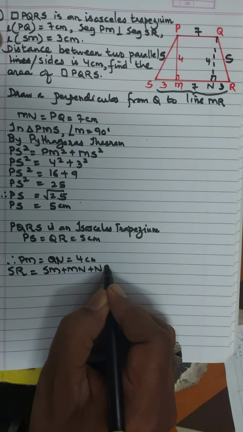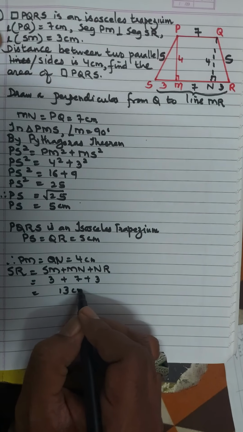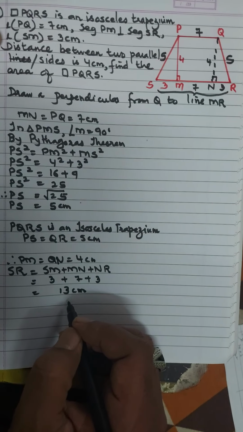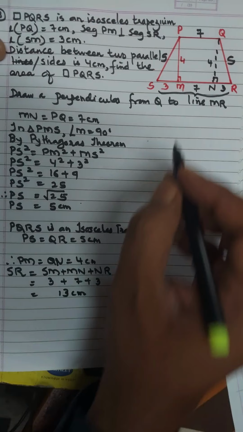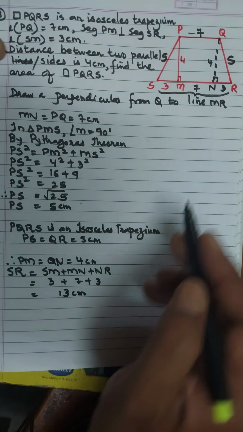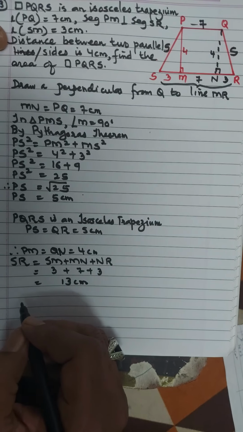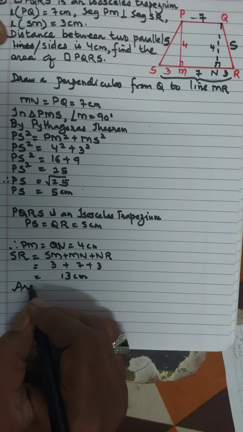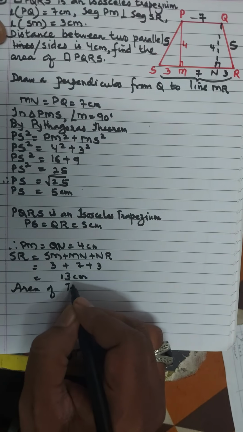So this is 5, this is 5, this is 4, this is 4, this is 3, and this is also 3. So 7 plus 3 is 10 and 10 plus 3 is 13. So this is 13 centimeter. Now we got all the values, sum of parallel sides into height. So we need to take out the value of the trapezium here. So area of trapezium, what is the area of trapezium?